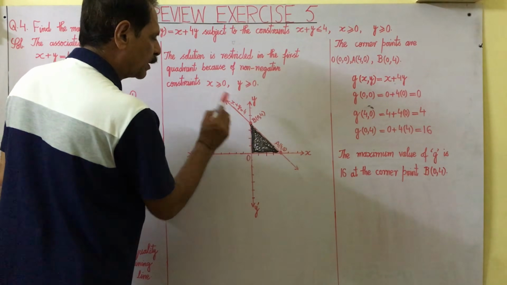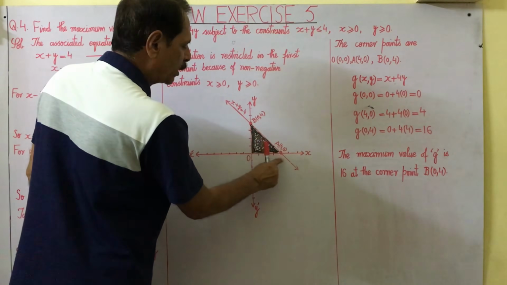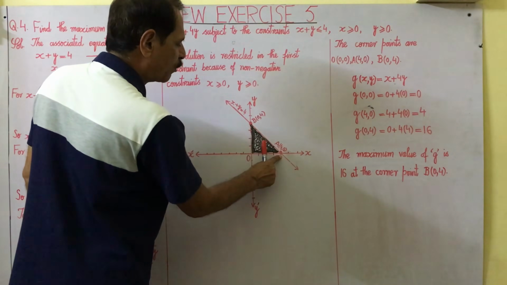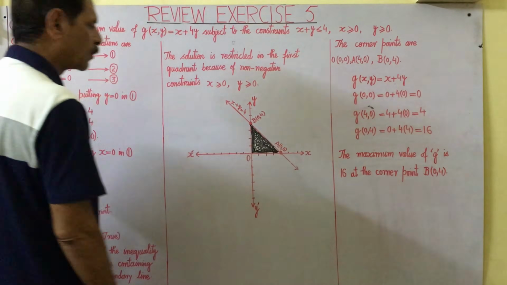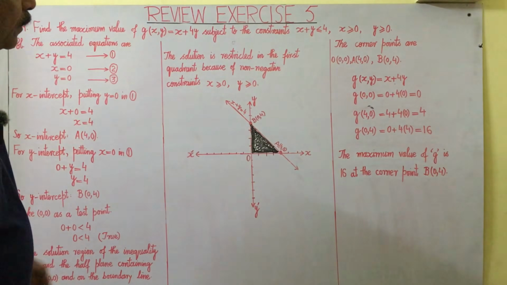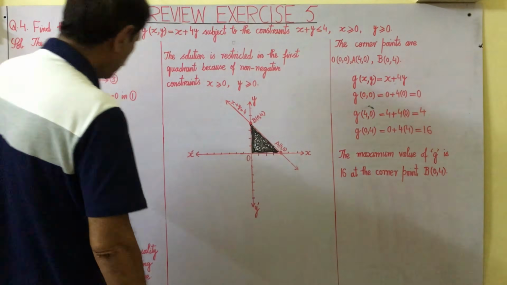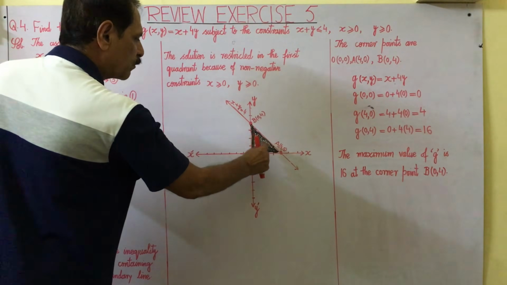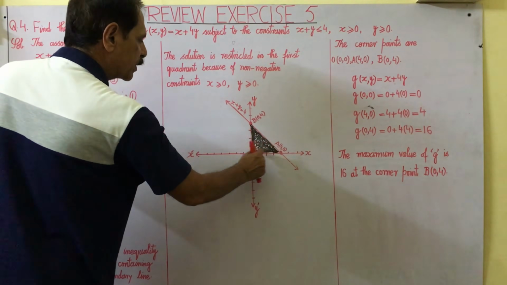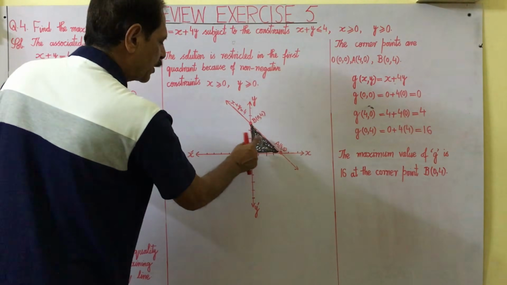This is point B. Now with the help of a foot ruler, we draw a straight line which passes through the points A and B. Now, because it is in the first quadrant, the shaded region will remain in the first quadrant. This is the shaded region.